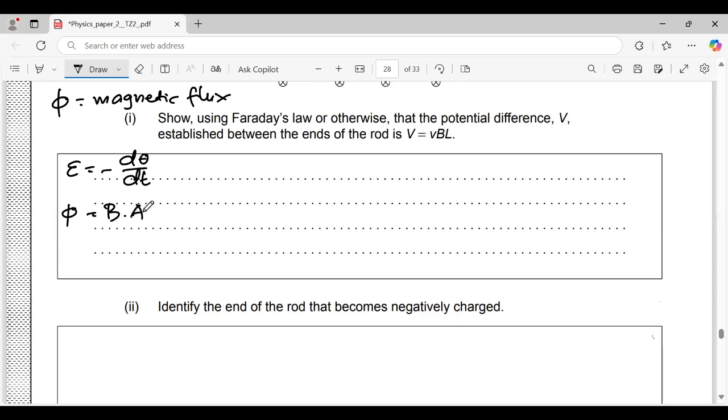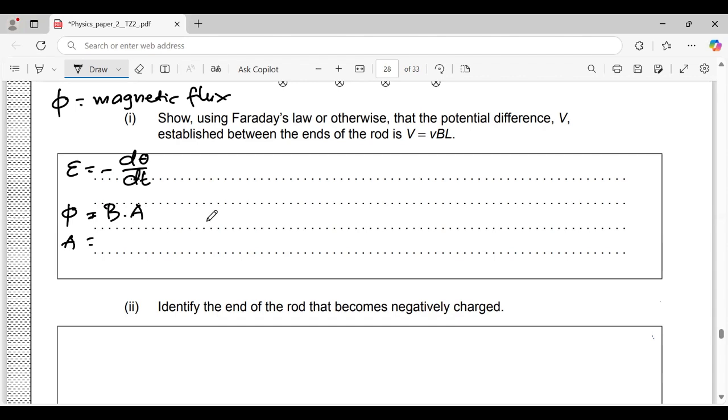As the rod moves perpendicularly to the magnetic field, the area A is the area swept out by the rod, and the equation is A.